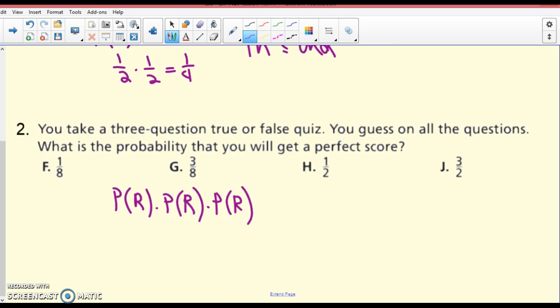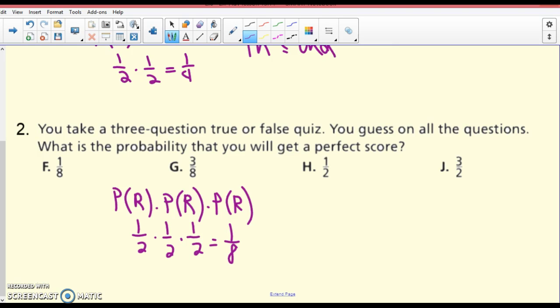All right. Now, we don't know what the answer is, but it's true false. What's the probability that you're going to get that right? Which is 1/2. One of them is right and one is wrong. So 1 out of 2 is right, times 1 out of 2 is right, times 1 out of 2 is right. That's 1/8.